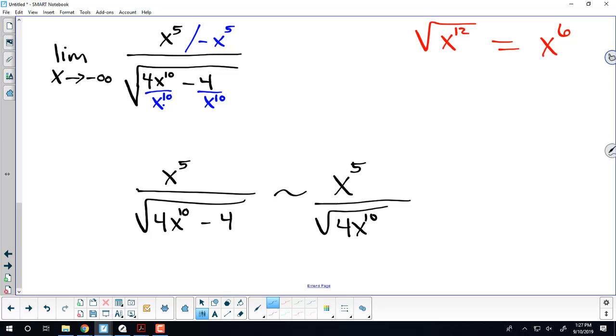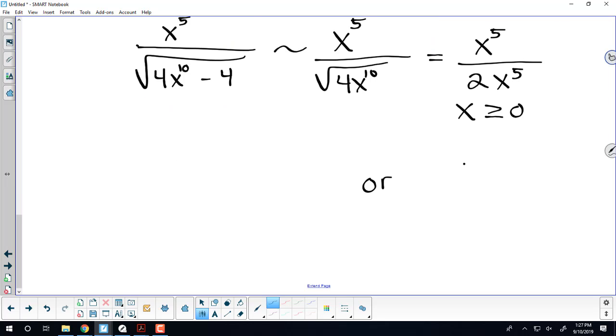And then that's when we would simplify this as x to the 5th over 2x to the 5th if x is positive or 0, or it's x to the 5th over negative 2x to the 5th for negative values of x. So you always have two different outcomes, each corresponding to the two different limits, positive and negative infinity.